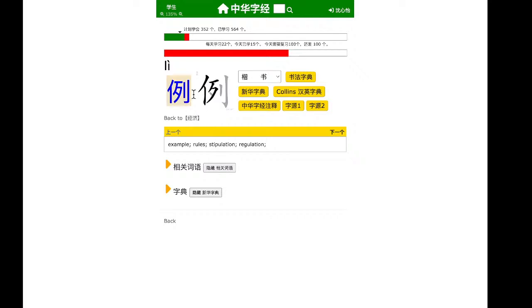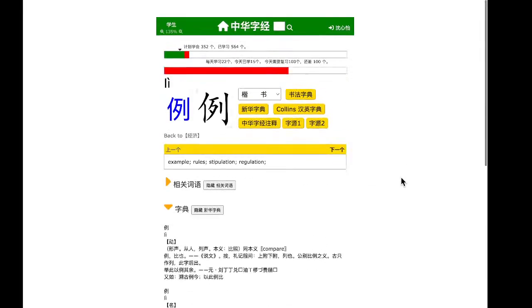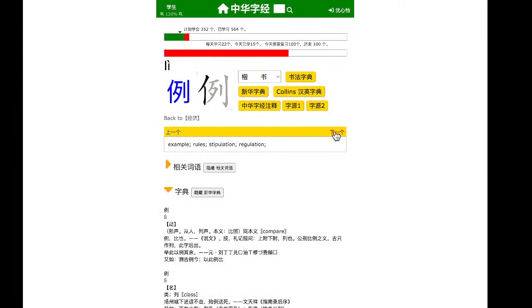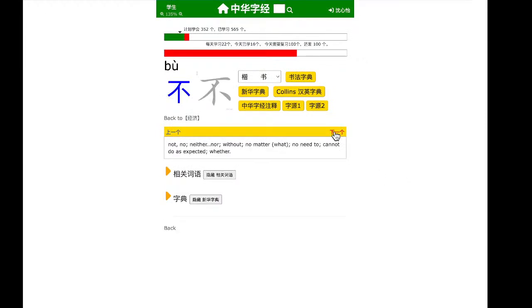This is probably the most common word for that, like 例子. 比方 is also another way of saying it. 比方说 is also an example.